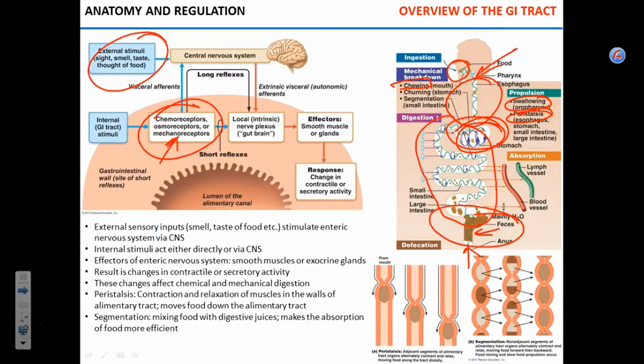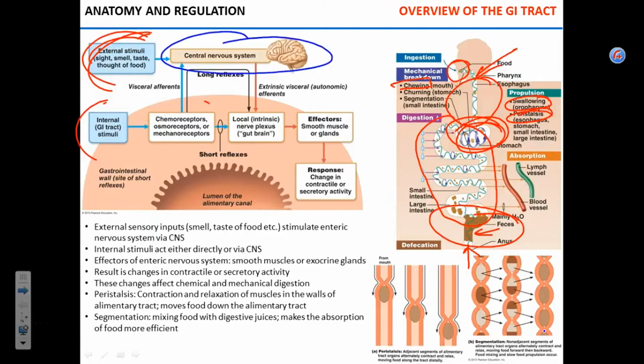That makes sense. So as in any reflex, you always start with a sensory stimulus. As we mentioned, it can be sight or smell of the food, or it can be stretching of the digestive organ, or presence of chemicals in the digestive organs. And then this sensory input can end up in the CNS.